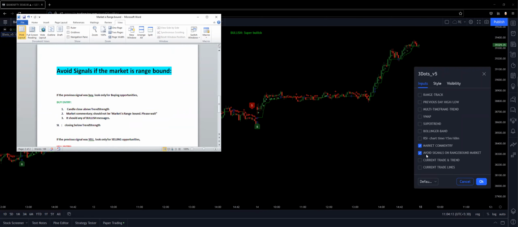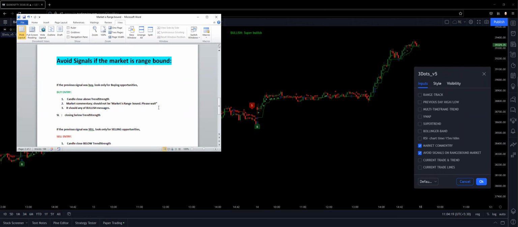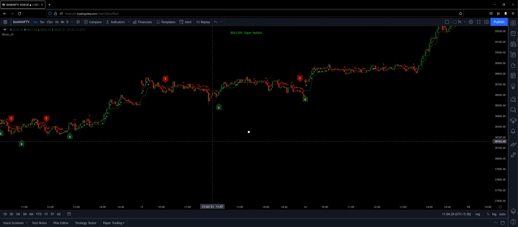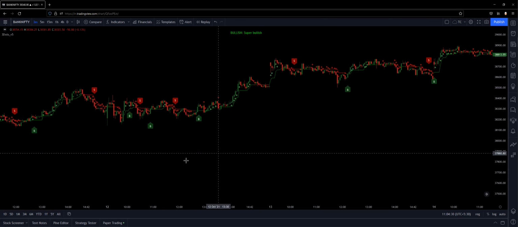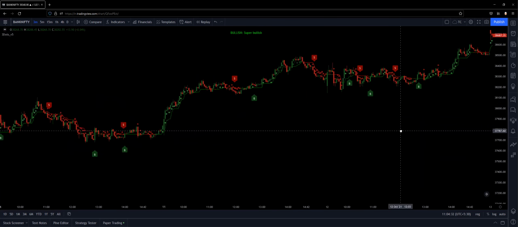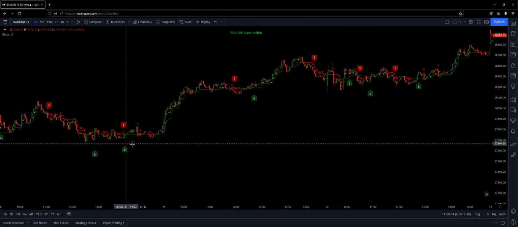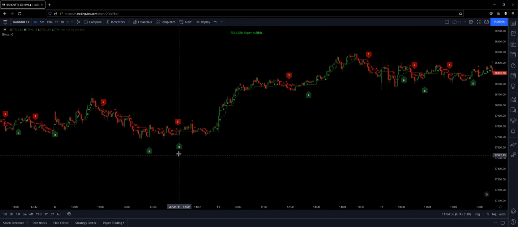So whenever you enable this, how do you trade intraday is your question, right? The answer is, let's say you entered here, let's say this one is not there, right? This was there on the previous day. Let me take you to some example. So this is a perfect example here, right?